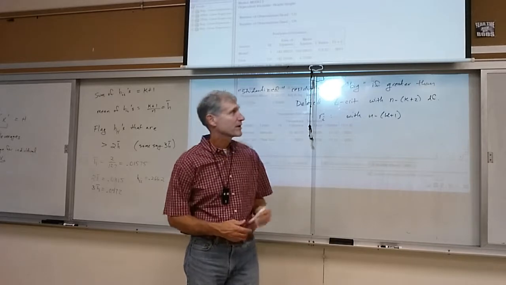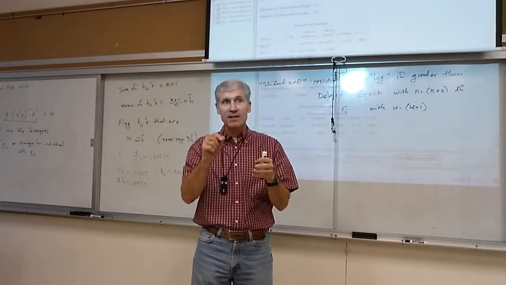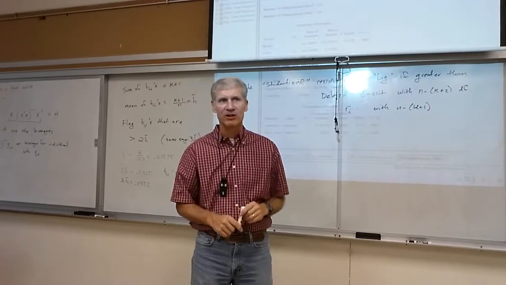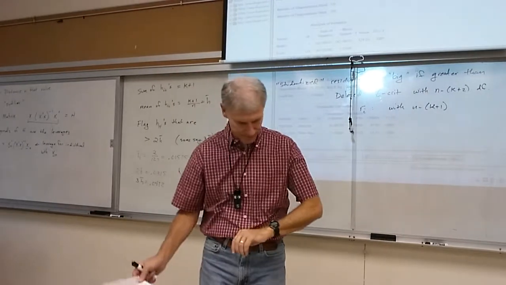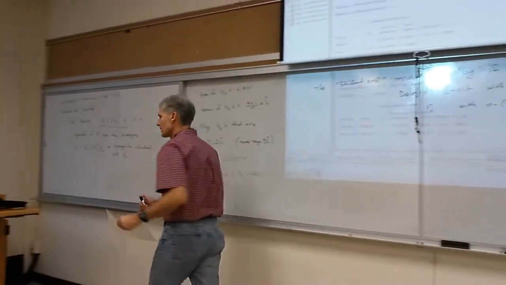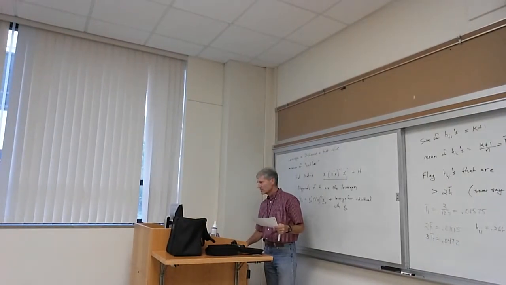It's a matter of personal preference, but as we saw, SAS draws those pictures, and it's going to flag the ones that get beyond 2, is what it does. Okay, so let's scroll back up to that plot.